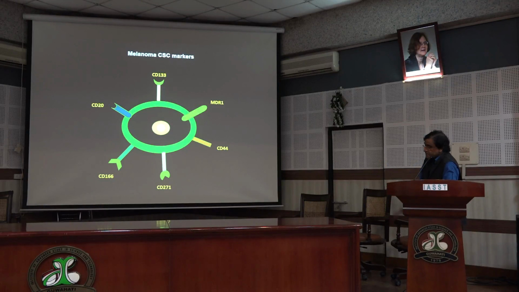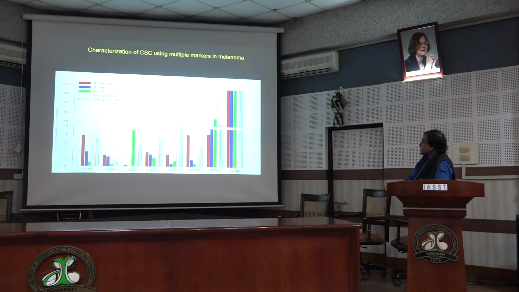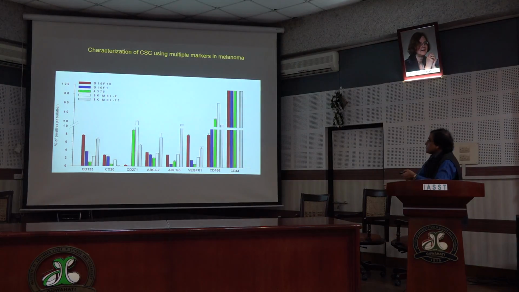So he searched the literature for the signatures or markers available to isolate cancer stem cells by flow cytometry. He found that CD133, CD20, CD166, CD271, CD44, and MDR1 are markers to isolate and characterize cancer stem cells. Then by FACS flow cytometry, he selected mouse-specific melanoma cells.